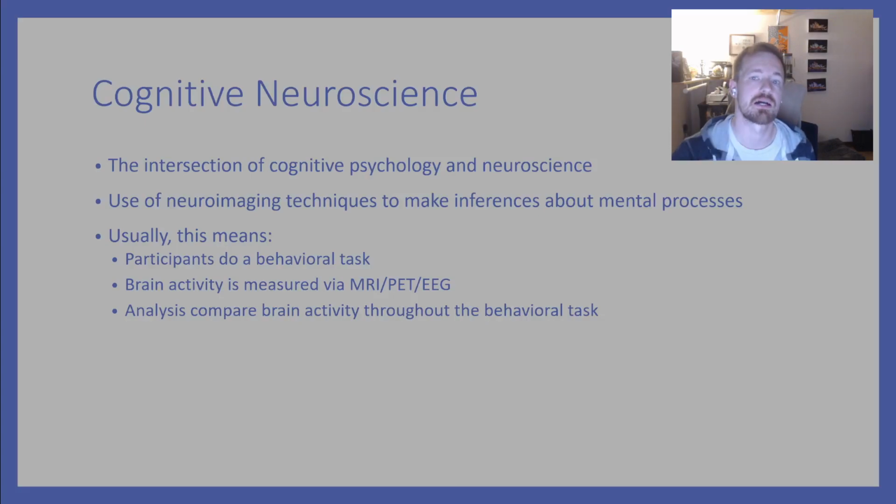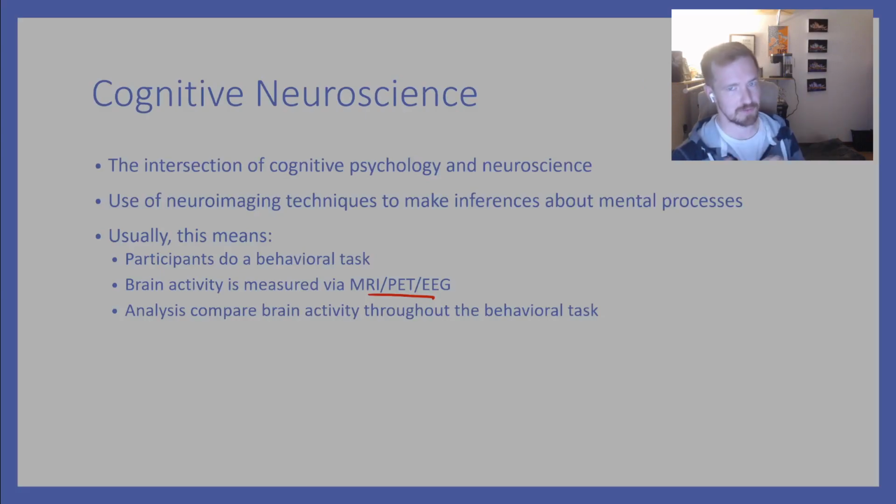So usually a cognitive neuroscience task is you have a participant come in, they do some kind of behavioral task while they're being measured with a neuroimaging device like MRI or PET or EEG, and then we look at the resulting brain activity, and we try to make inferences about which area of the brain is responsible for which kind of behavior, and how they interact.